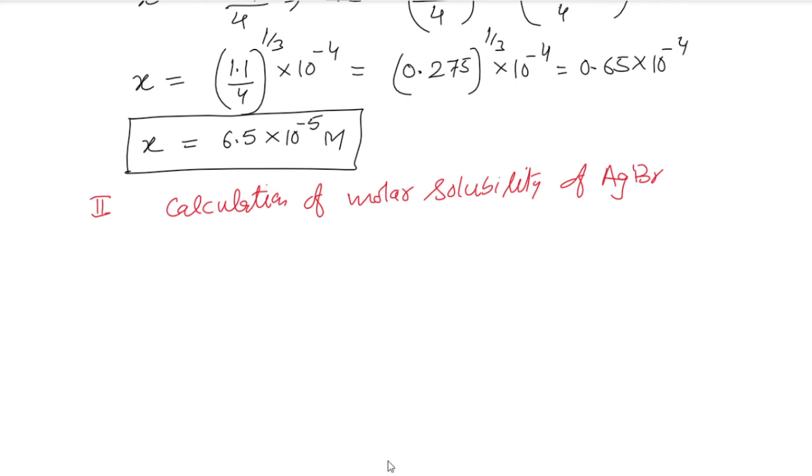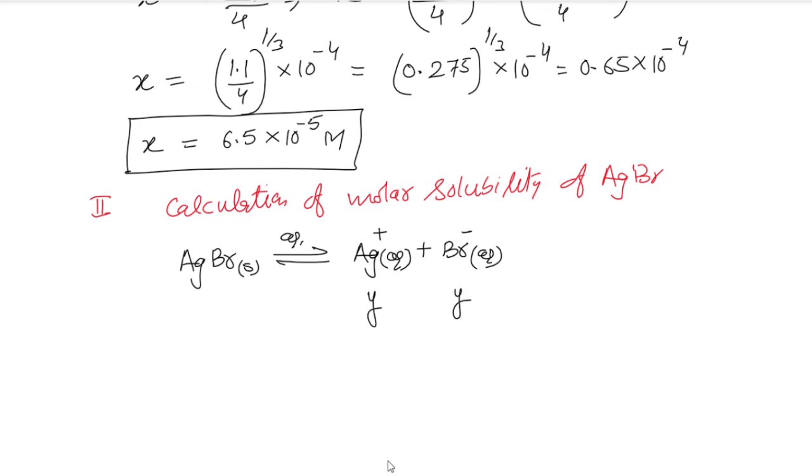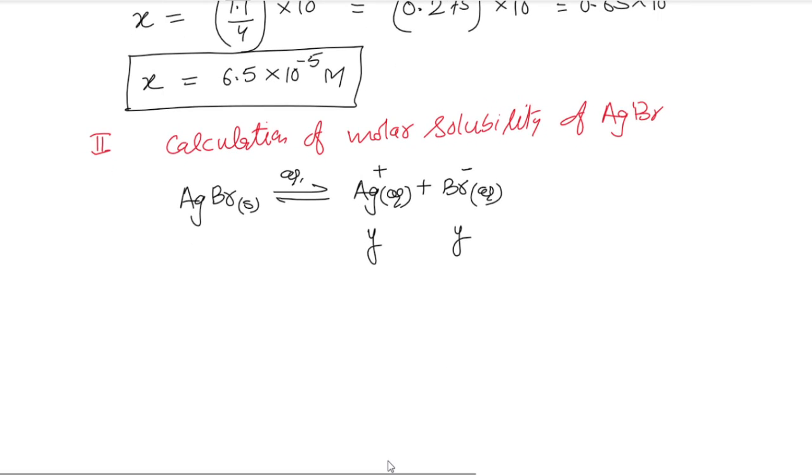AgBr solid in aqueous gives Ag plus aqueous plus Br negative aqueous. Let us say Y is the solubility of AgBr.